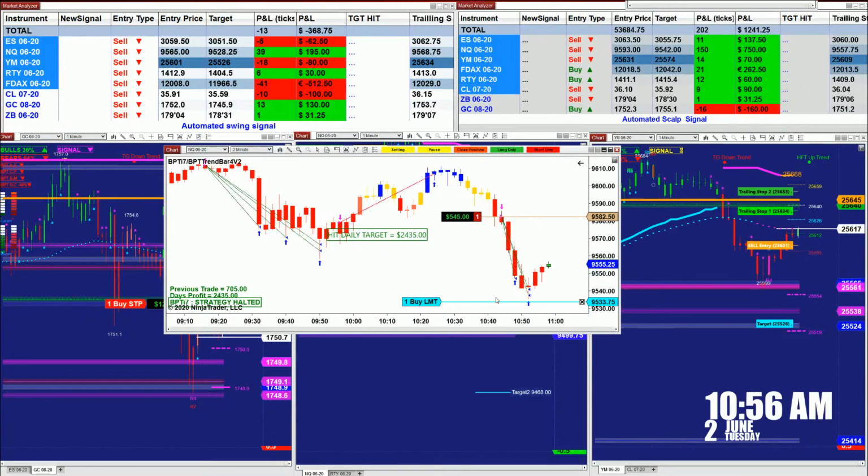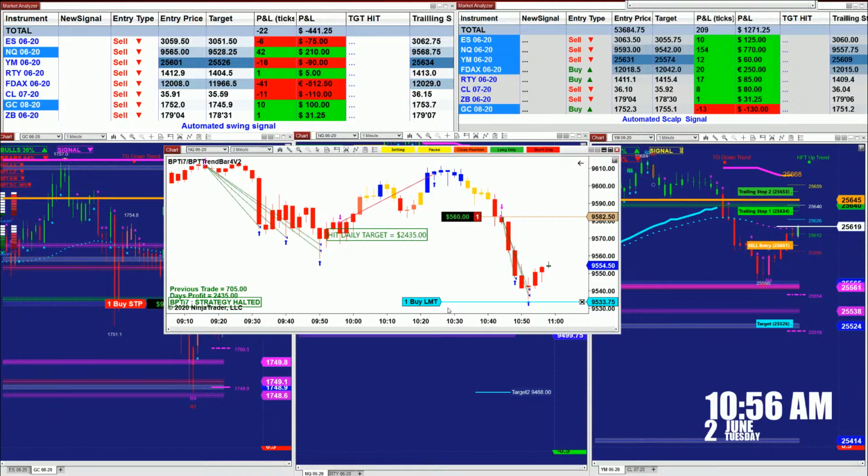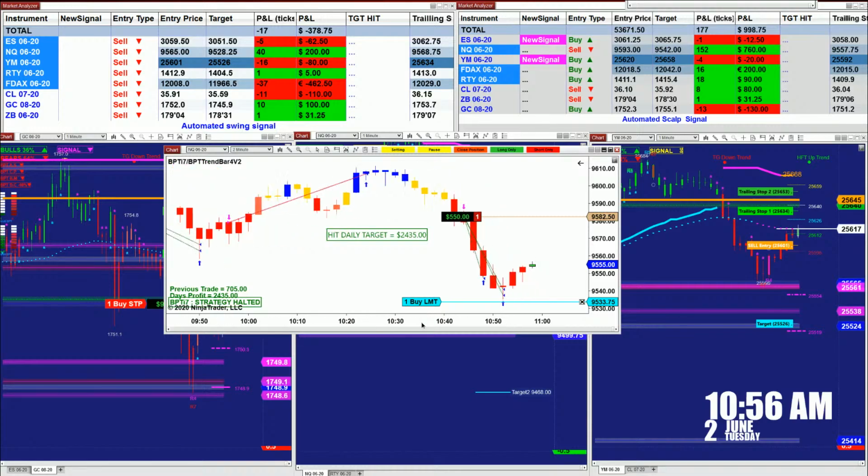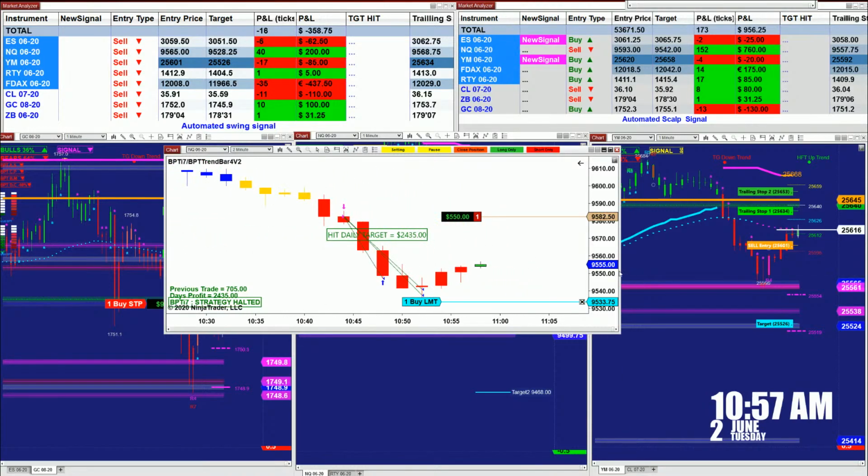What I'm doing on this one, I'm not using a trailing stop. I'm using an automatic trailing stop. So the only time it's going to close is when the market turns from negative to positive. As long as this market is pulling back and going down, you're going to stay in that trade. So we're going to keep our eye on that to see what is happening on that auto trade.